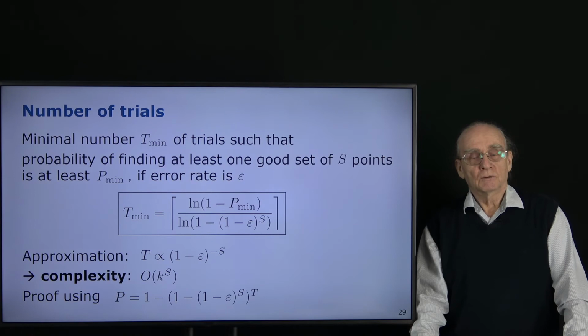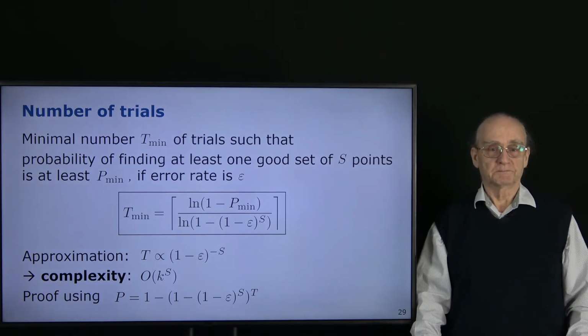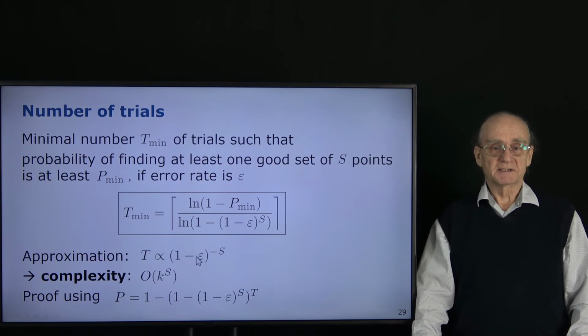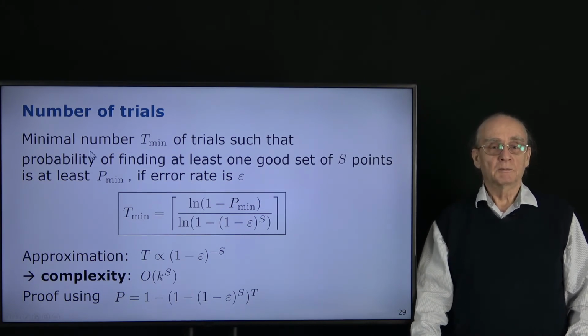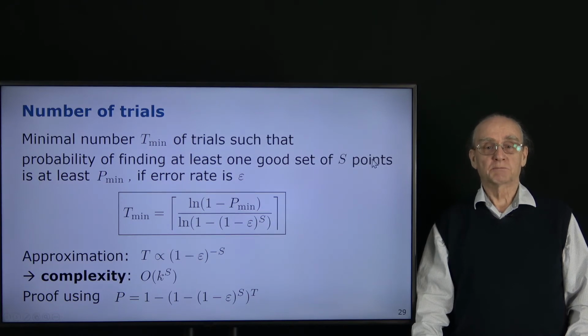And the question is now, how many trials do we need in order to have a certain guarantee that we have a high probability to get a good solution? And there's the result, which I immediately will then prove. The minimum number of trials such that the probability of finding at least one good set of S points, or 3 points, is at least the probability P minimum.